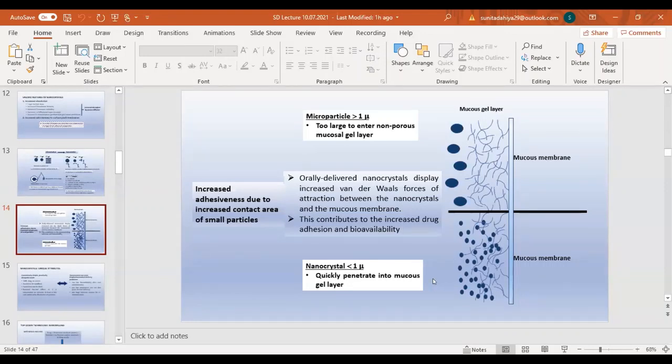Whereas nanocrystals, which usually have a size less than 1 micron, can quickly penetrate into this mucus gel layer and will be retained for a longer period of time. They show increased adhesiveness because of the higher contact area of the small particles. So there will be accumulation of the particles, which will enhance the drug accumulation and further give rise to higher diffusion and better absorption.